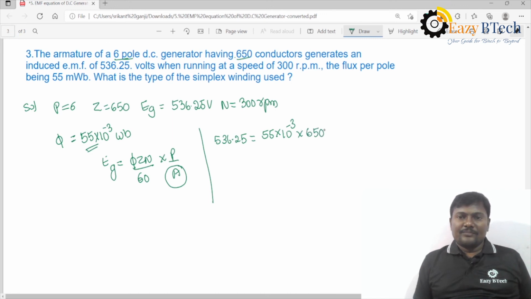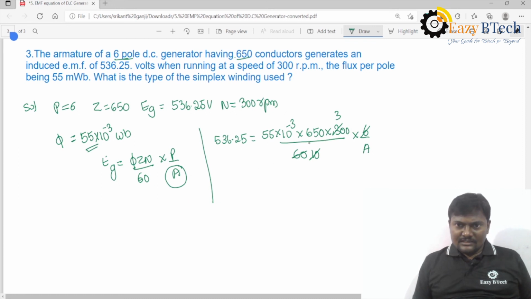So phi is 55 into 10 to the power of minus 3, the number of conductors is 650, and the speed is 300 divided by 60, into 6 divided by A.